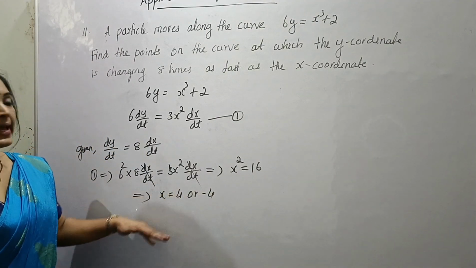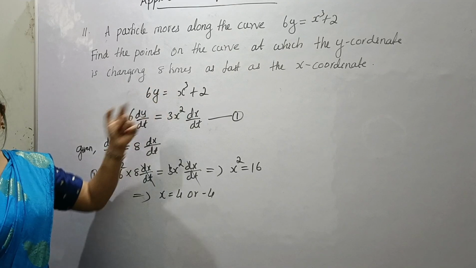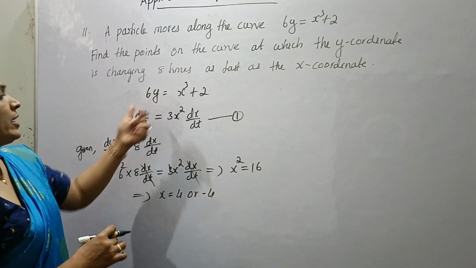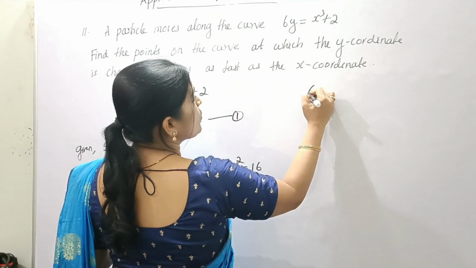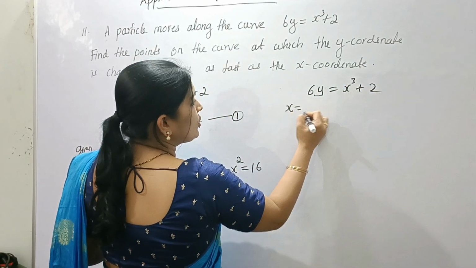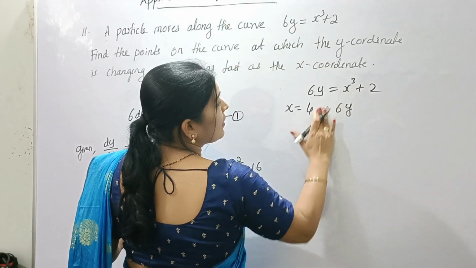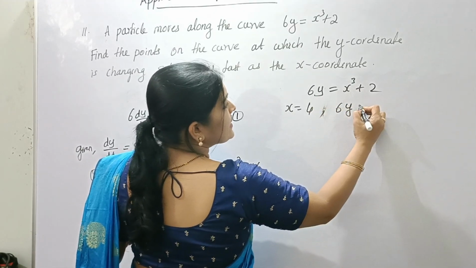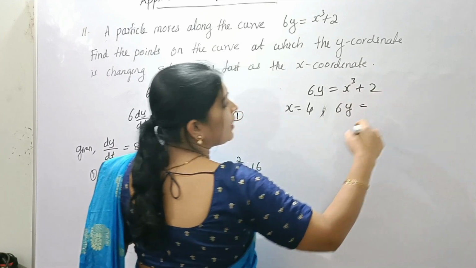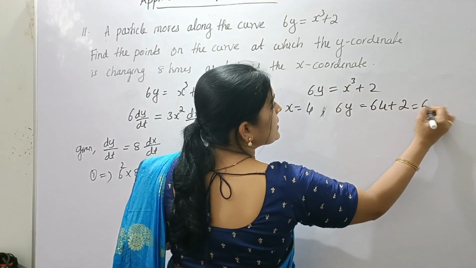Now according to this x value, we will find the y value, substituting the x value in the equation of the curve. The equation of the curve is 6y is equal to x cube plus 2. When x is equal to plus 4, 6y is equal to 4 cube, that is 64, plus 2, that is 66.